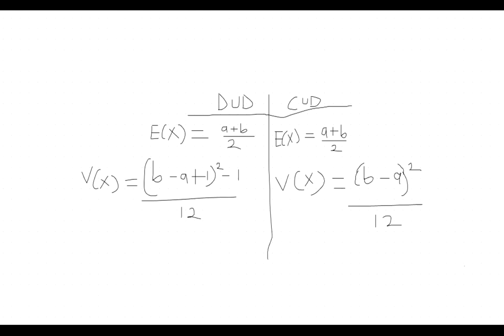The probability that X is less than or equal to x equals (x minus A) divided by (B minus A).